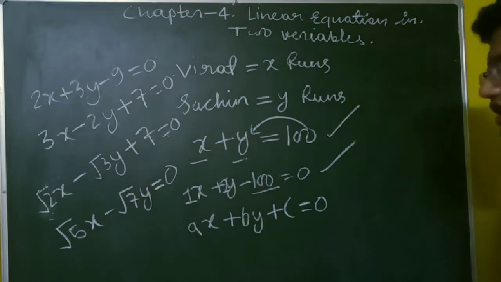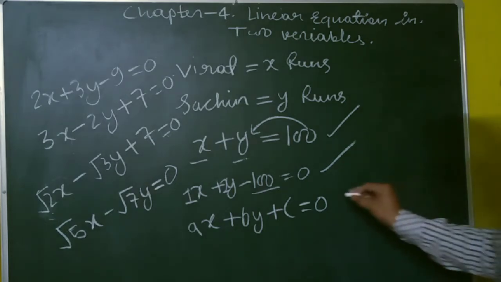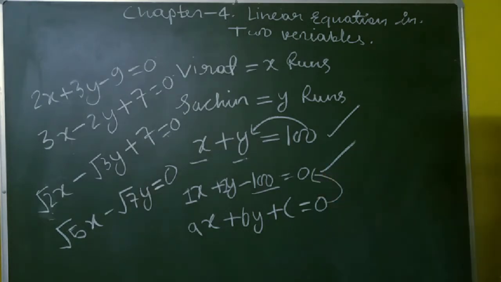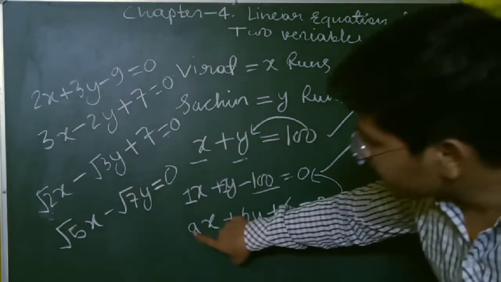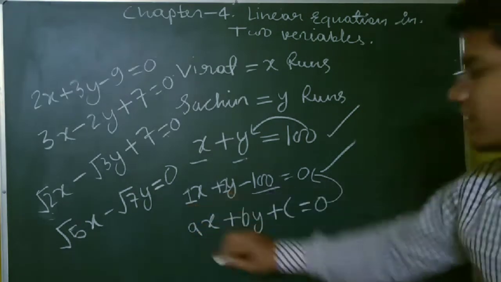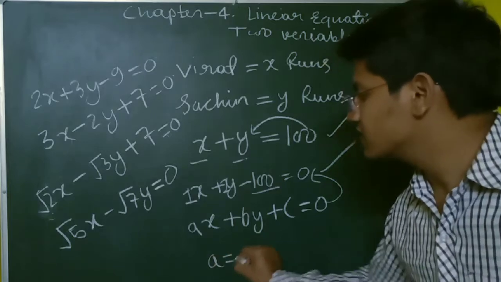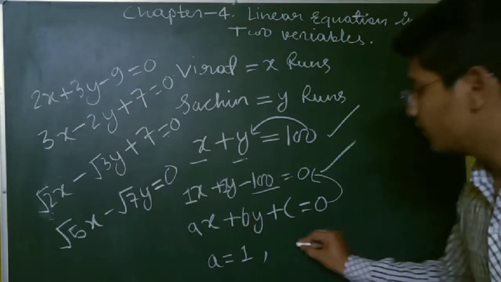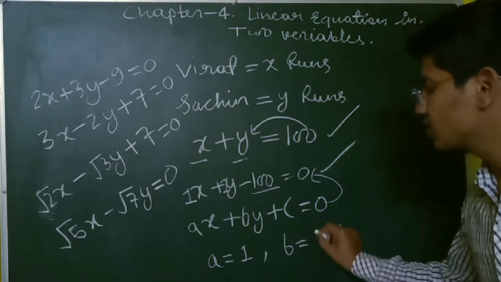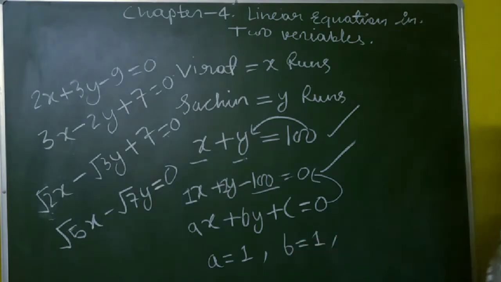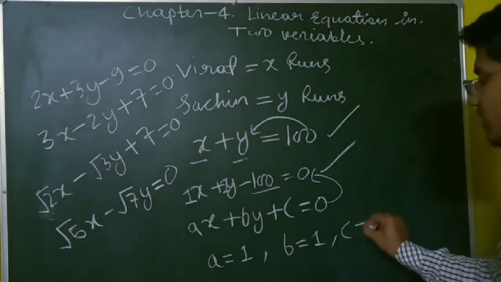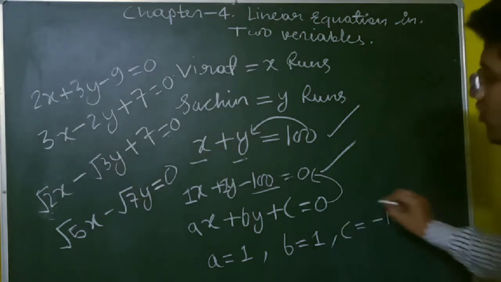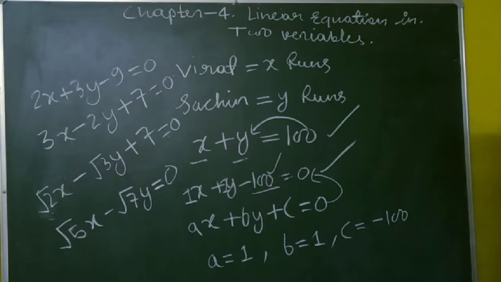If I ask you to find the values of a, b, c according to this equation, then if you compare, in place of a it is written 1, so the value of a is 1, and in place of b it is written 1, so the value of b is also 1. Now comes the value of c, so the value of c will be minus 100, because we have to take it together with the sign.